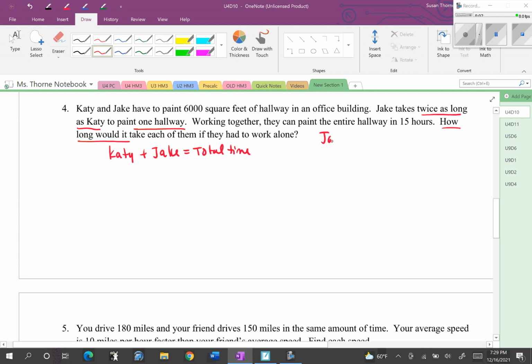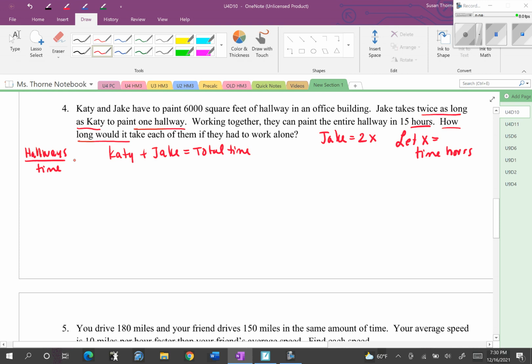So Jake is going to be 2x because Katie is x, which is equal to the time, and we're talking about the time in hours. And so let's do hallways over time.